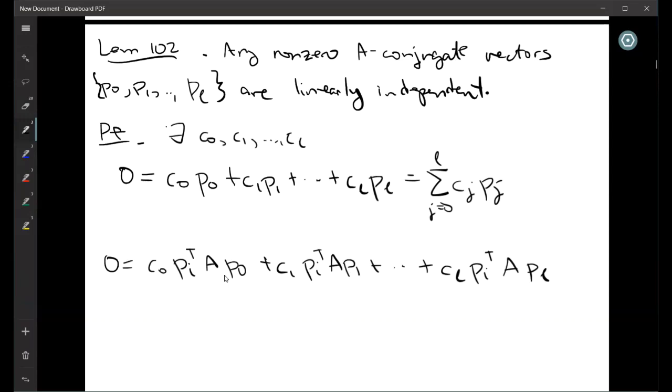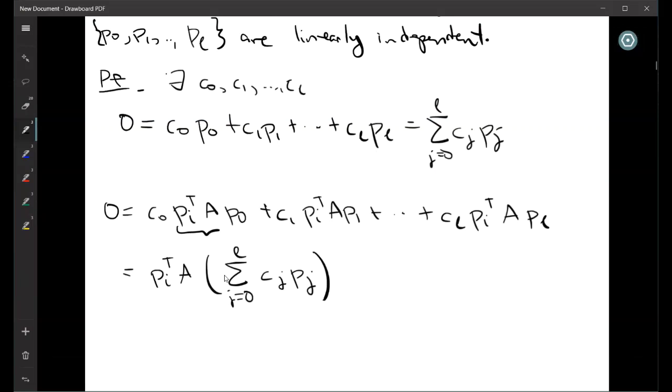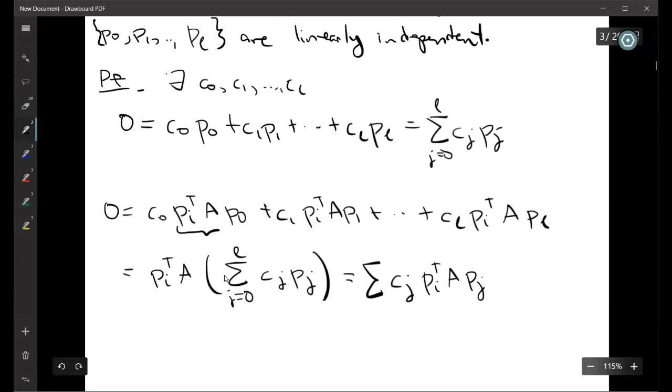And then equivalently, by factoring out, this is equal to p_i transpose A times this linear combination of c_j p_j, from j equals 0 to L. We can also put this inside, and then we have the sum of c_j p_i transpose A p_j, j equals 0 to L.